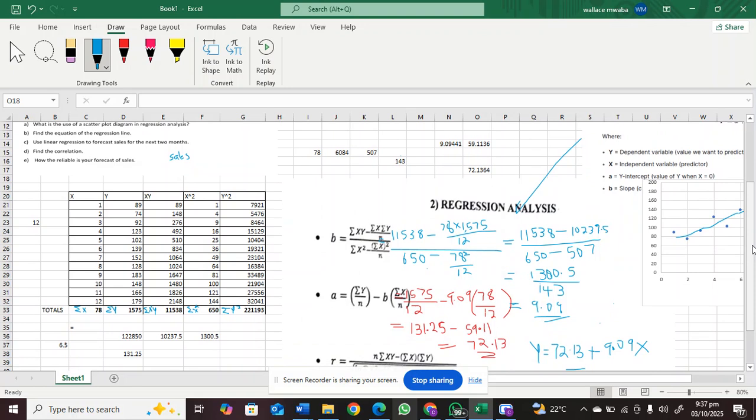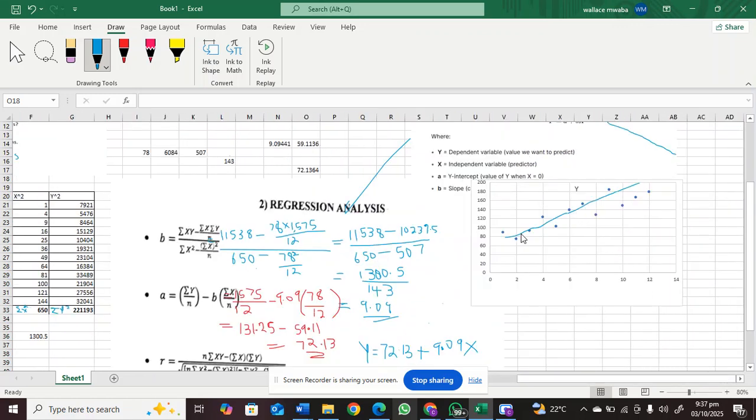I'll send all these notes once I'm done. But the purpose of the scatter plot, this diagram here, is so you can visualize the relationship between the sales and the months.